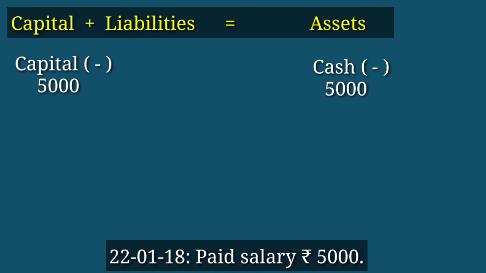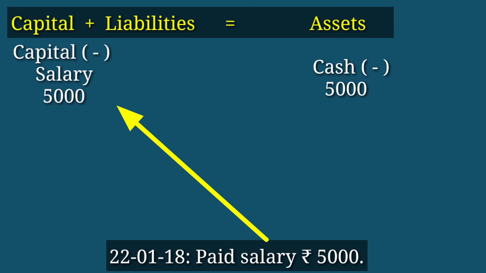But one thing, if any adjustment is related with the capital, that is add or deduct, at that time we will mention or write the reason for deducting. Okay. So what is the reason here? The reason is salary paid. So we will write here salary. Okay.